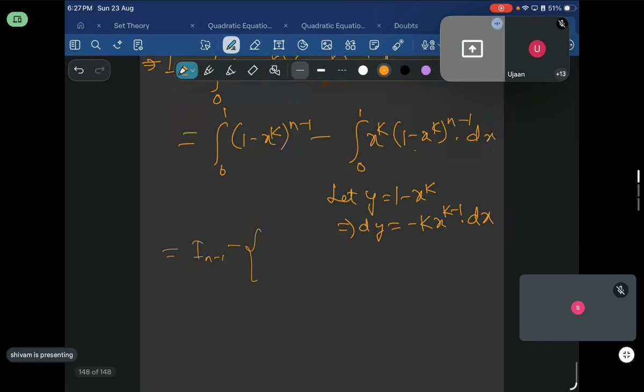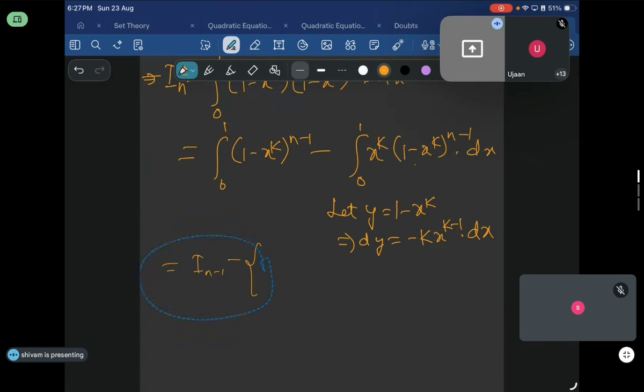Right, tell me. So what will it give us? First one is In minus 1 minus integral of, what is x to the power k? x to the power k is 1 minus y, and 1 minus x to the power k is y. So y to the power n minus 1.